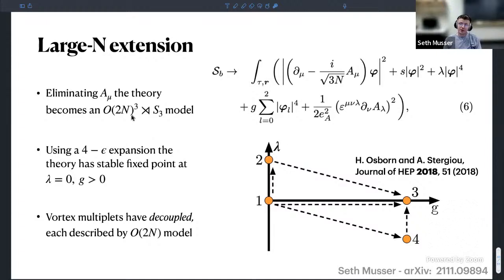So one thing that we're doing here is for us, it's critical that this a_mu drops out because we want to look at this O(2n)^3 cross S3 model. And for that, a_mu has to fully drop out. The theory with a_mu included in the large n limit hasn't been studied.